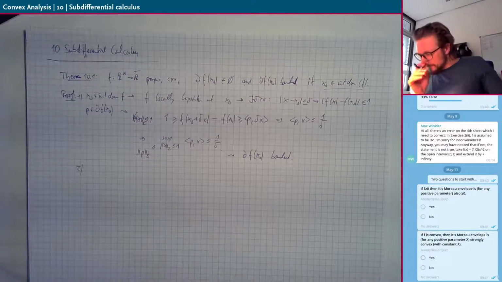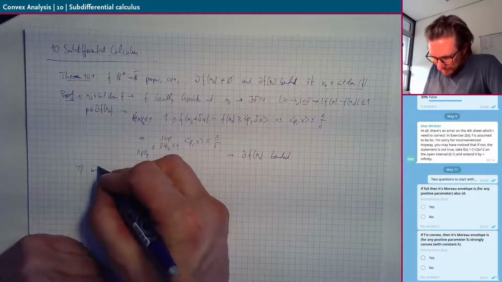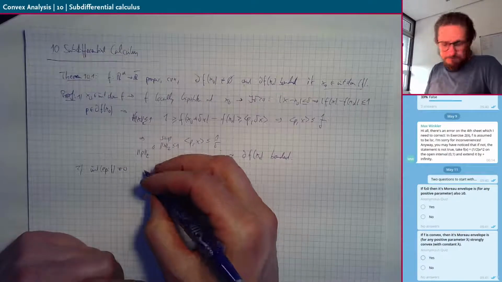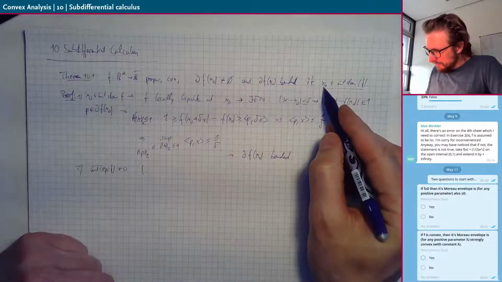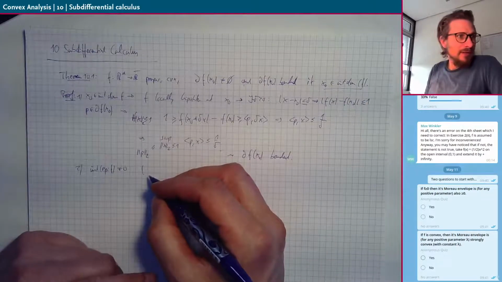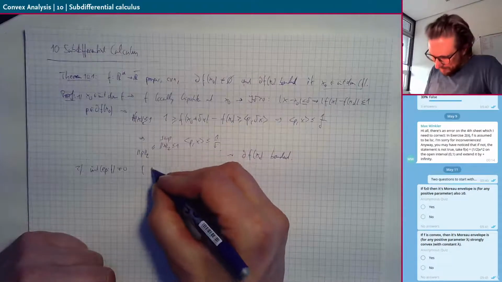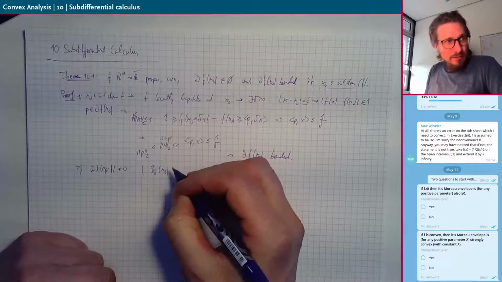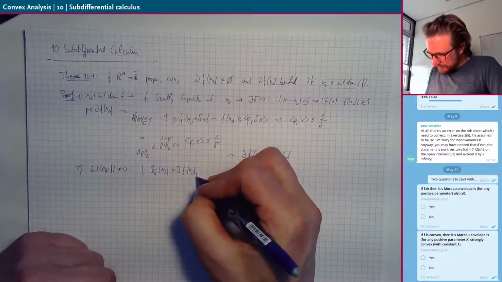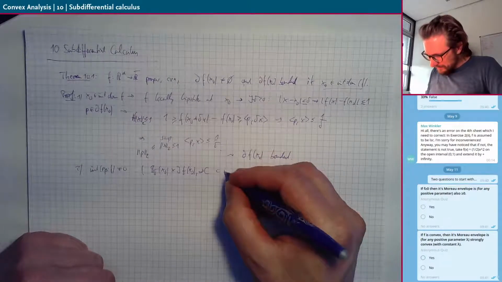So if we have this x0 in the interior of the domain, we also have that the interior of the epigraph is not empty. Why? Because x0 is in the interior, so we can form a delta ball around x0, and then take the product with something like f of x0 to infinity, and this open set is then contained in the epigraph.